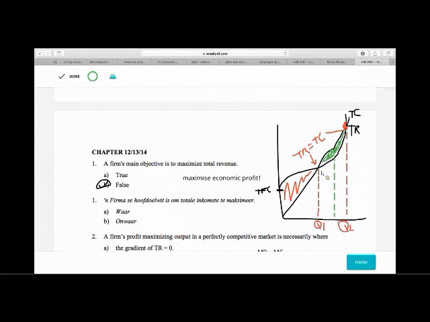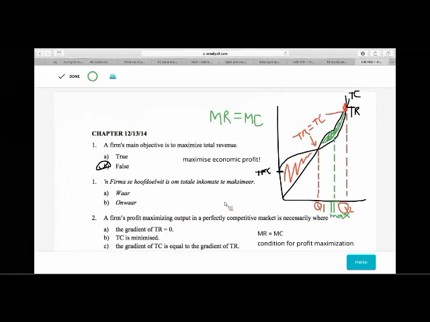So that is where profit is going to be maximized. And the slope of your total revenue curve is marginal revenue, and the slope of your total cost curve is marginal cost. So profit is maximized when marginal revenue equals marginal cost.